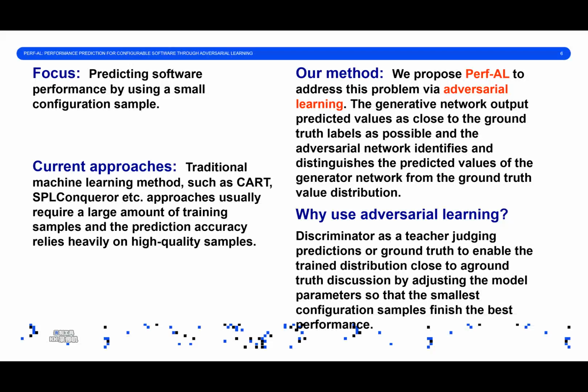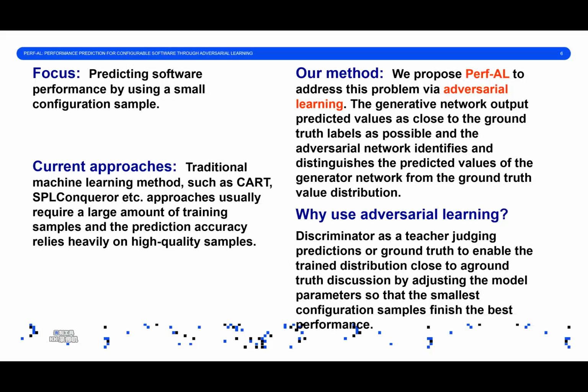So in our method, we propose Perf-AL to address the problem through adversarial learning. The generator network outputs predicted values as close to the ground truth label as possible, and the adversarial network distinguishes the predicted values of the generator network from the ground truth value distribution.